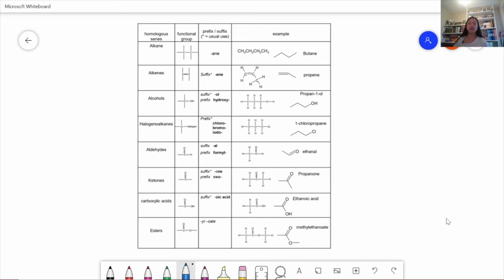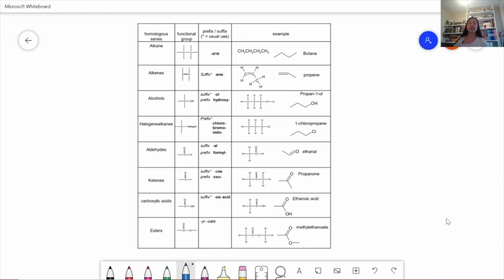And because there's only one double bond and it's on the first carbon, if we actually put it onto the other carbon, we'll still name it prop-1-ene, so we actually don't need any number there. And then for alcohols, we give it the suffix of -ol, so we have propan-1-ol, because the OH is on the first carbon, so we have the number 1 there.